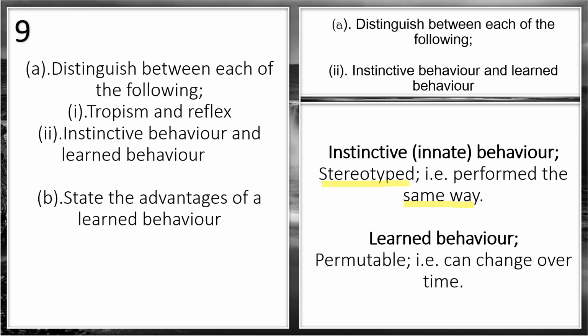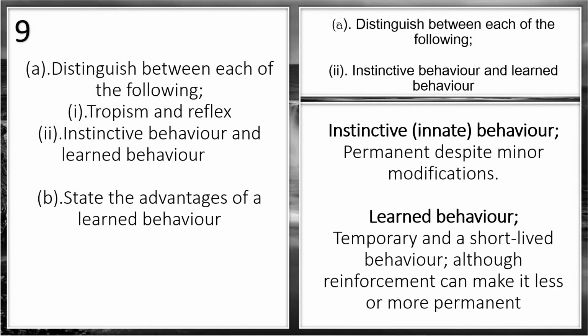Learned behavior is mutable, can change over time. Instinctive behavior is permanent despite minor modifications. Learned behavior is temporary and short-lived, although reinforcement can make it less or more permanent.